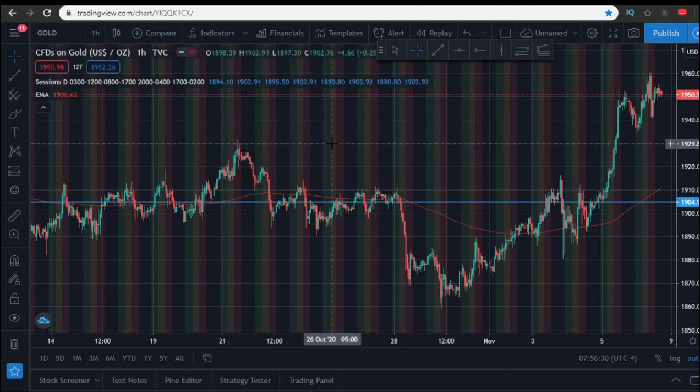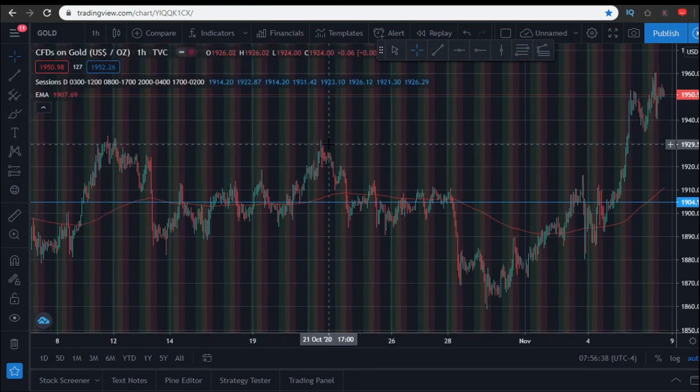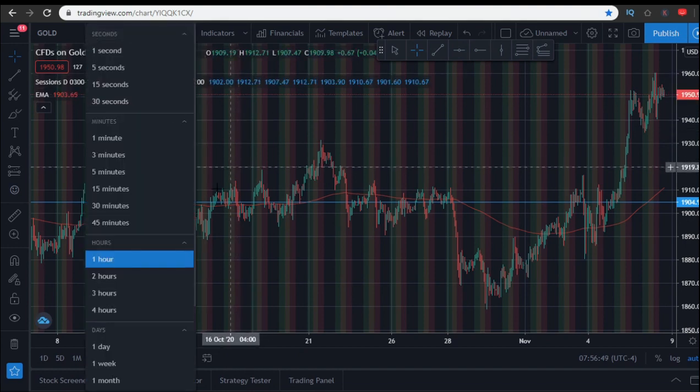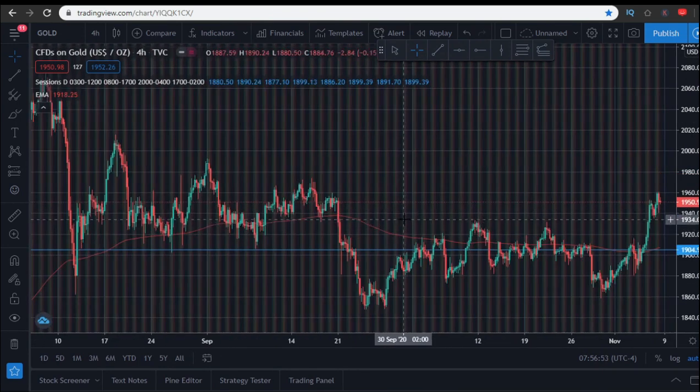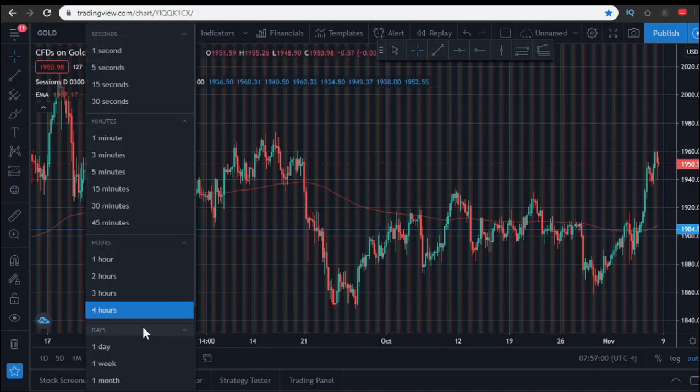In the last video we spoke about support and resistance, how to locate a support and resistance area, and basically how we trade at support and resistance zones. But one thing to always remember when looking for your support and resistance zones is that you should use the larger time frames, like the 4-hour or the daily time frame.